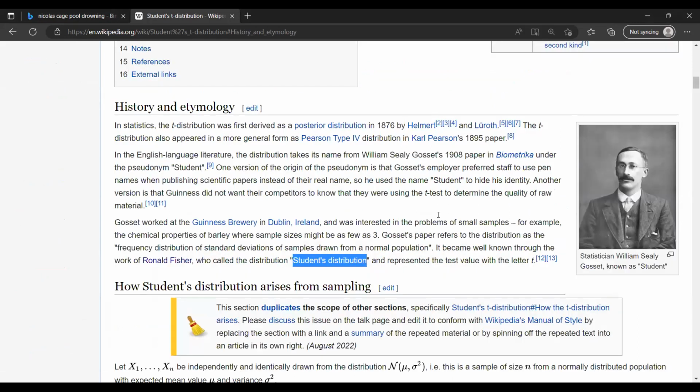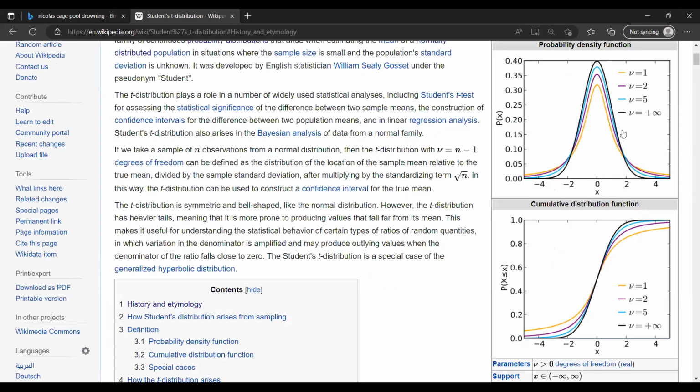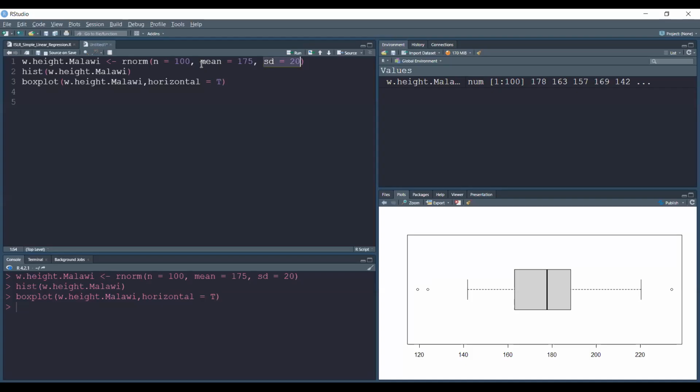It is just another probability distribution, and notice it depends on one parameter. What do I mean by a parameter? The normal distribution depends on two parameters, mu and sigma. The T distribution depends on a single parameter. So if you had to generate random values, instead of the R normal distribution function, you use the RT distribution function.